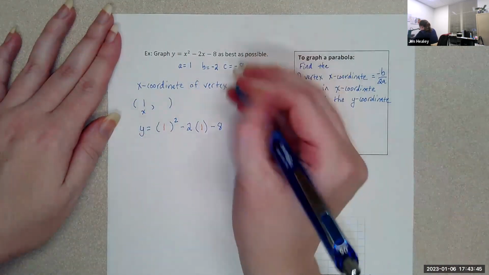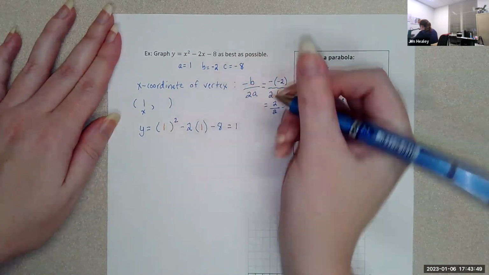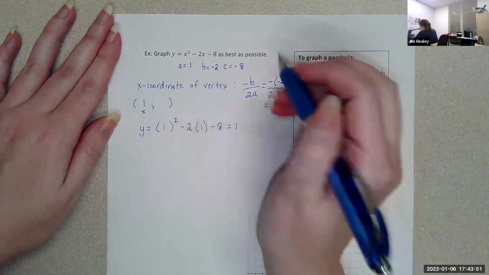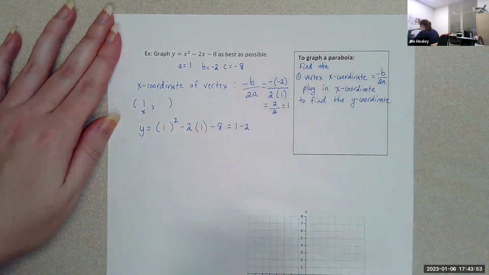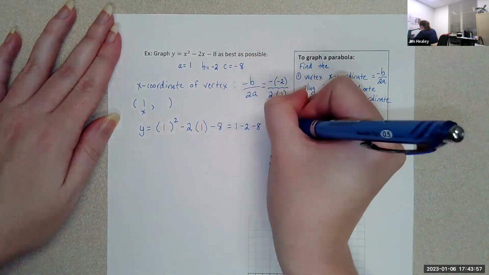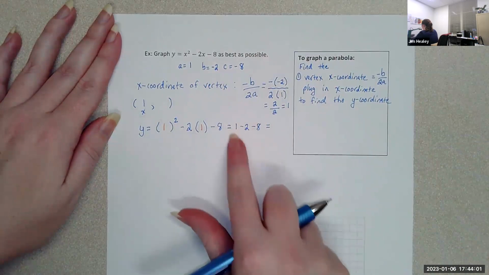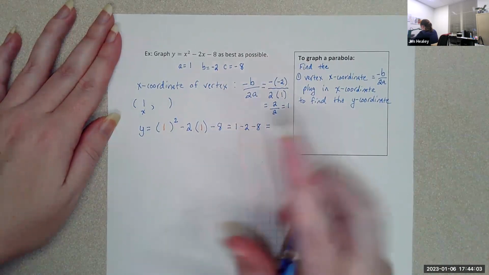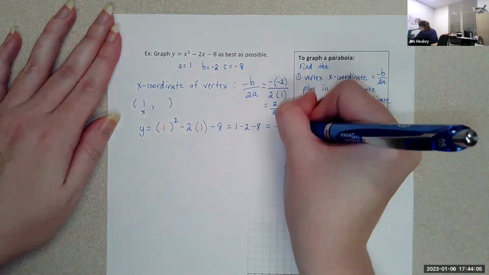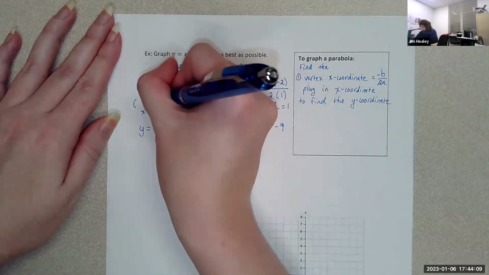So I have 1 squared, that's just 1, minus 2 times 1, it's just -2, and then minus 8 more. So 1 minus 2 is -1, minus 8 more would be -9. So the y coordinate that's going to pop out is -9.